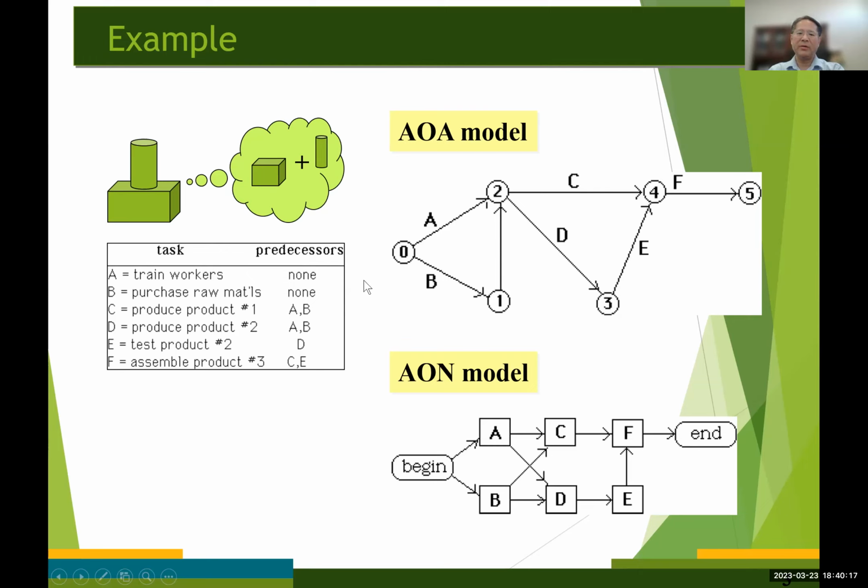So in the AOA, activity on arc network, the activities are represented by the directed arcs or arrows, and the nodes are used to represent the completion of a set of activities, right? And in the activity on node model, the activities are represented by nodes here.